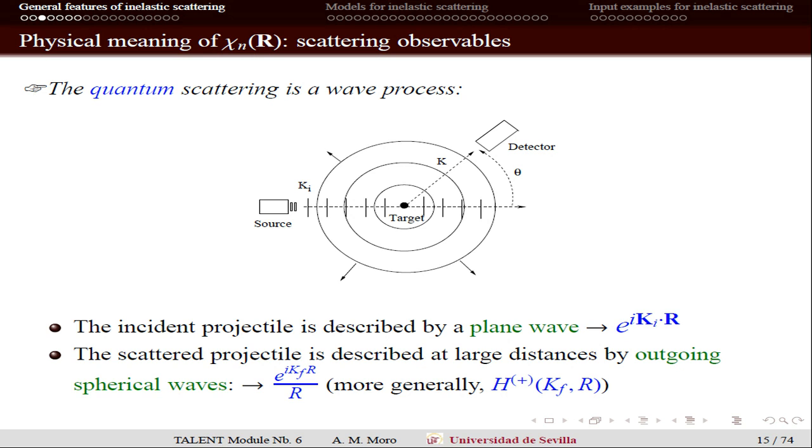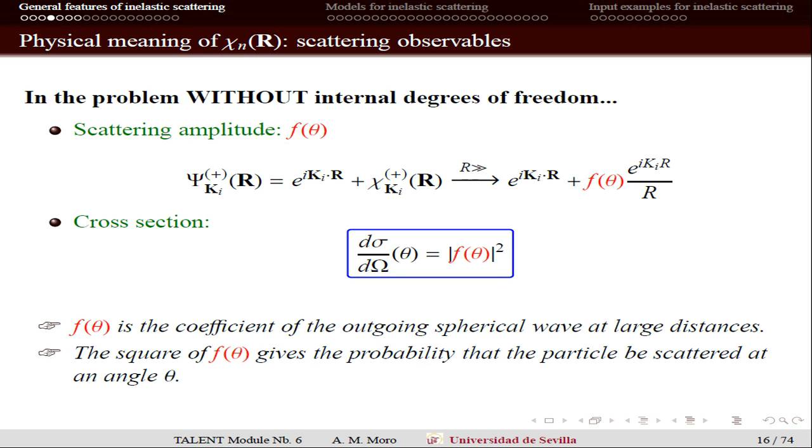So this is the situation. In the problem without internal degrees of freedom, that is the kind of problem that we have been studying so far, we have a plane wave. Mathematically, this is described as follows. The total wave function corresponds to this, and this Ki is to remind ourselves that the incoming beam corresponds to a plane wave in the direction Ki.